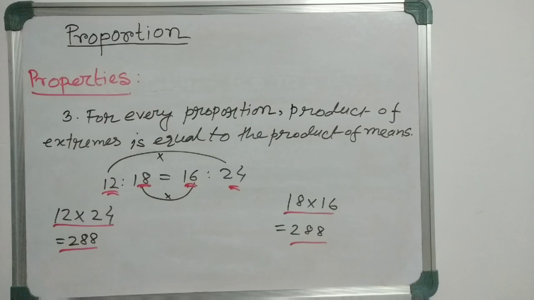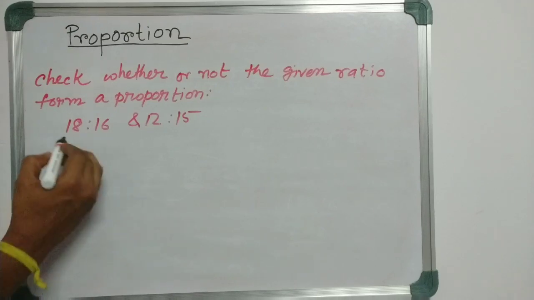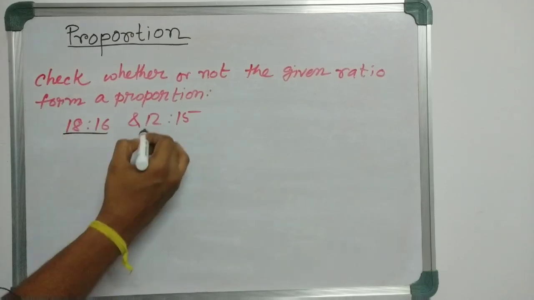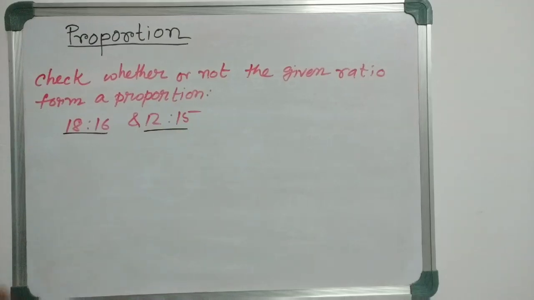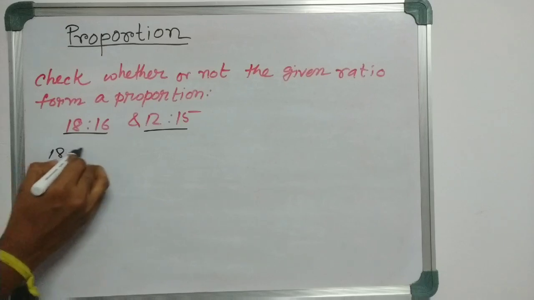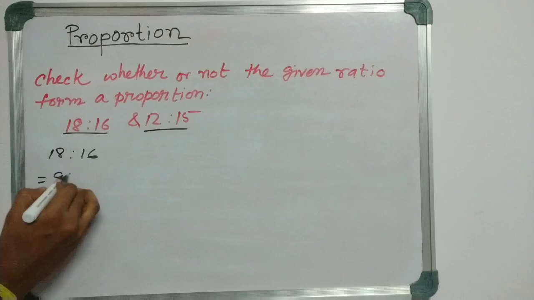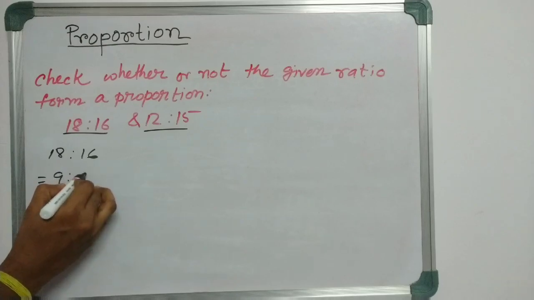So this was the basic theory for proportion. Let us go and solve some problems. Here the question is, check whether or not the given ratios form a proportion. The two ratios are 18 is to 16, and 12 is to 15. So let us check. 18 is to 16, let us divide it by 2, equals 9 is to 8.